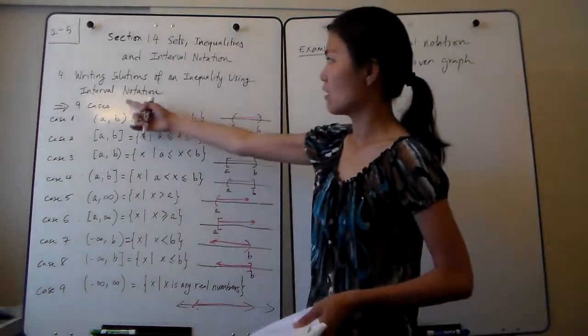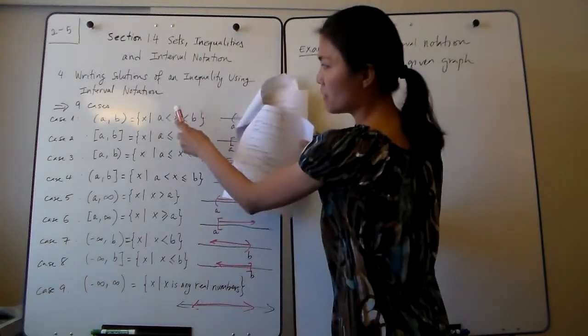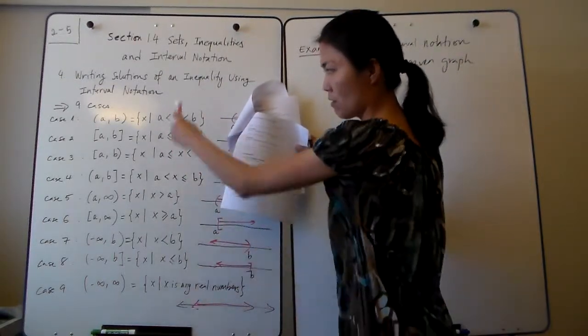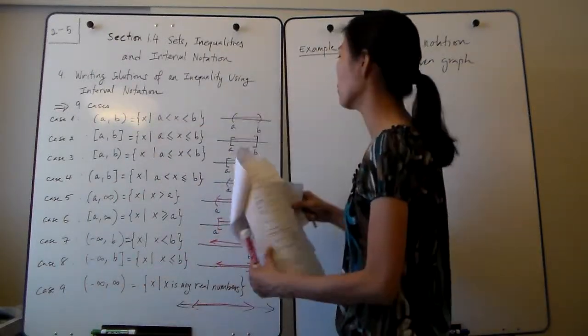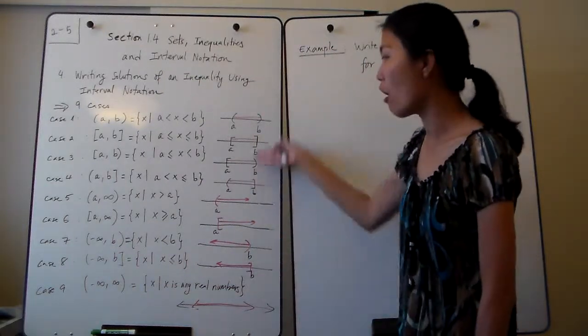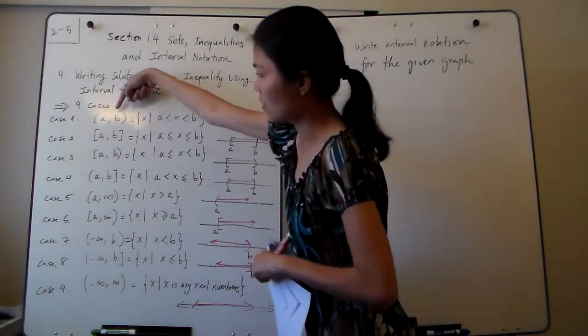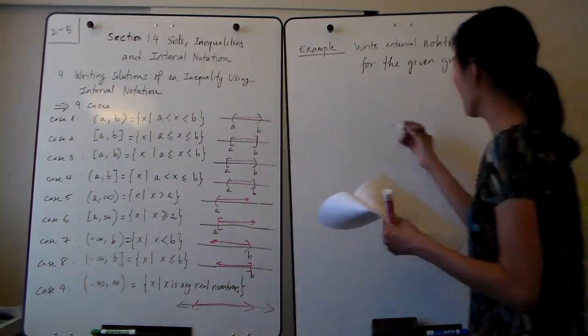Find the interval notation. Okay, in the previous two examples, given set notation, write the interval notation. For this example, you'll be given the graph, the number line. Find the interval notation.